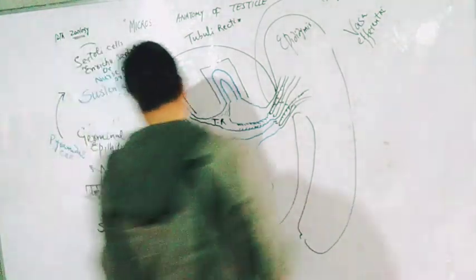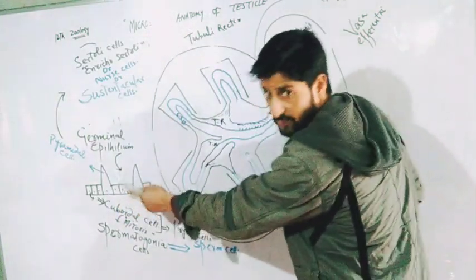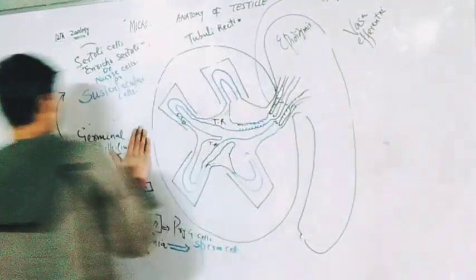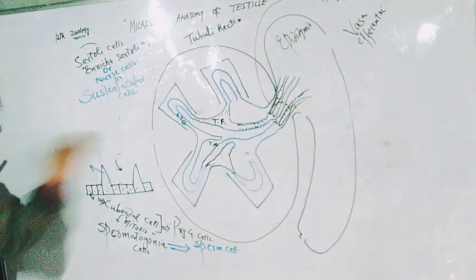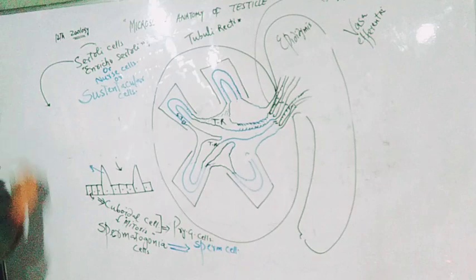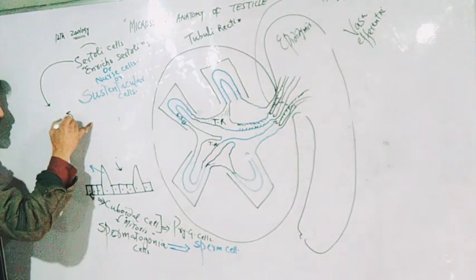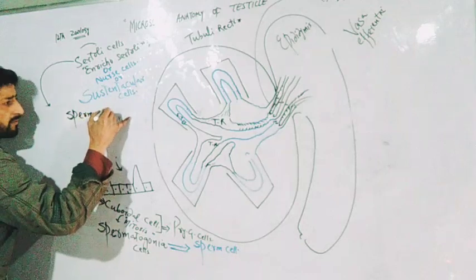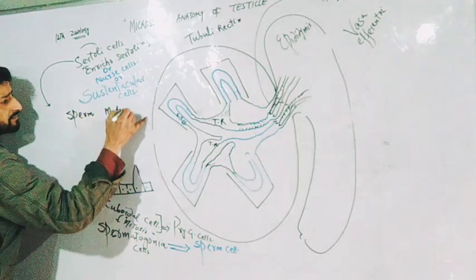What I mean is that in the germinal epithelium there are cuboidal cells. Along with the cuboidal cells there are also Sertoli cells. These Sertoli cells are the pyramidal cells. Now, the basic function of Sertoli cell is to produce sperm maturation factor.